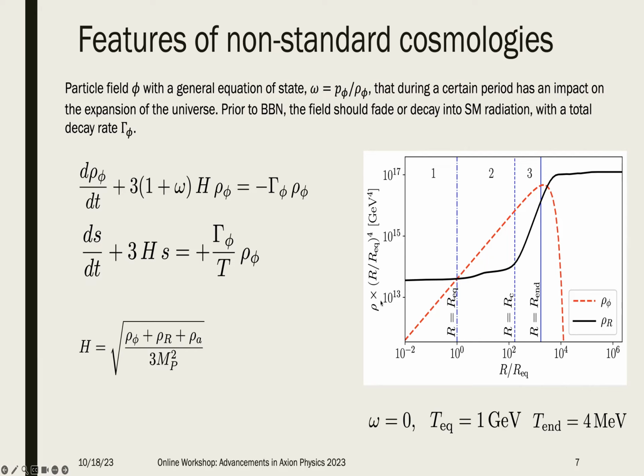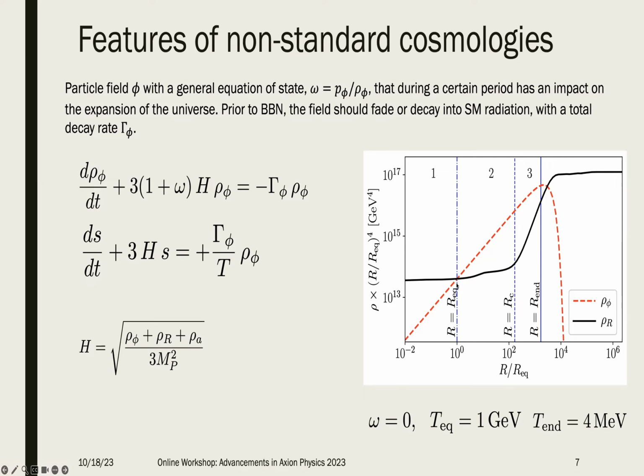This is a typical plot of the energy density of this new field in terms of the scale factor, and here I mark 3 stages. The first and second stages are the adiabatic periods, where still no energy has been released to the bath.